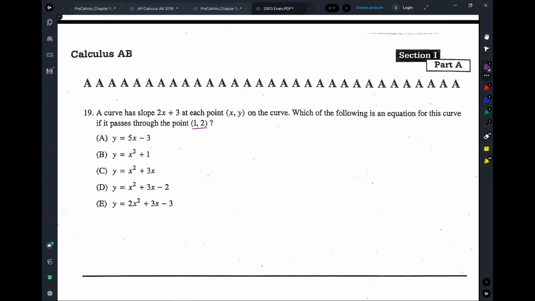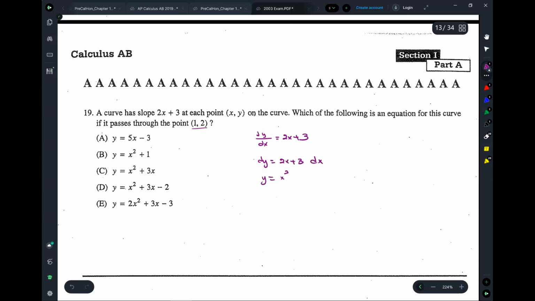Okay, so it's the same exact thing that we just did for the other one, right? Number 19. Because the slope is 2x plus 3, so dy dx is 2x plus 3. But I want y, okay? So this is the initial condition, 1, 2. All right, so dy is 2x plus 3 dx.